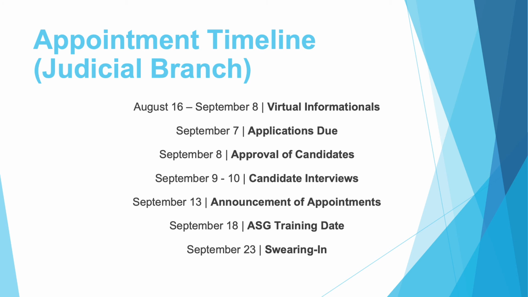Because Judicial Branch is by appointment and not election, the candidates don't campaign, but they interview. They're interviewed by the Chief Justice and a choosing committee of their choice. The appointments are then announced on September 13th, and like the winners of the Senate elections, the new justices will attend the mandatory ASG training on September 18th and will be sworn in at Senate on September 23rd.